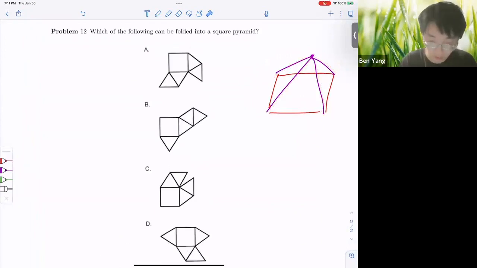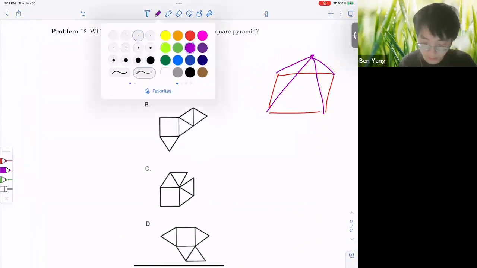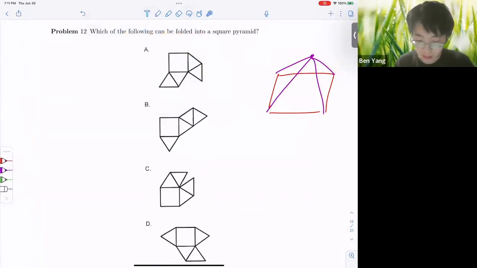So I think I can do some coloring here. Let's say we fold this one and eventually want to get a pyramid like this one, like the top view of the pyramid. So let me do some coloring here.